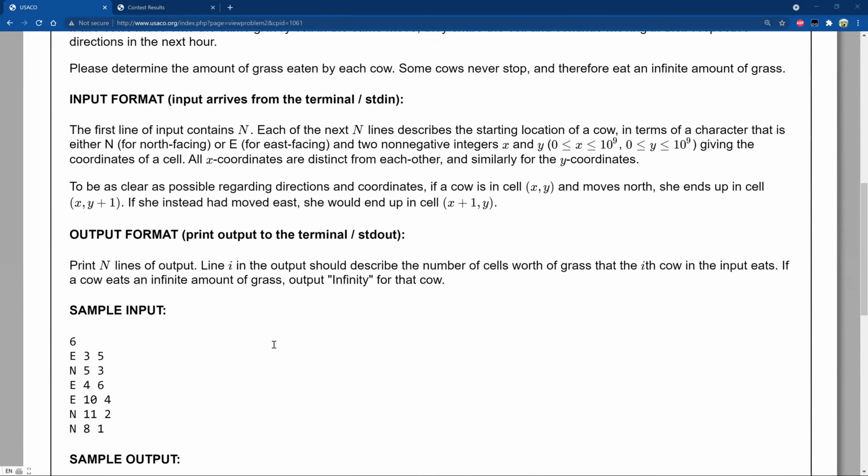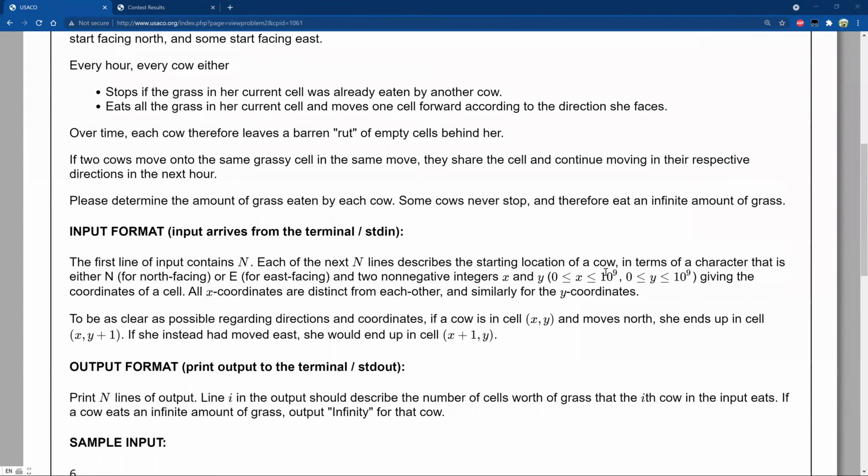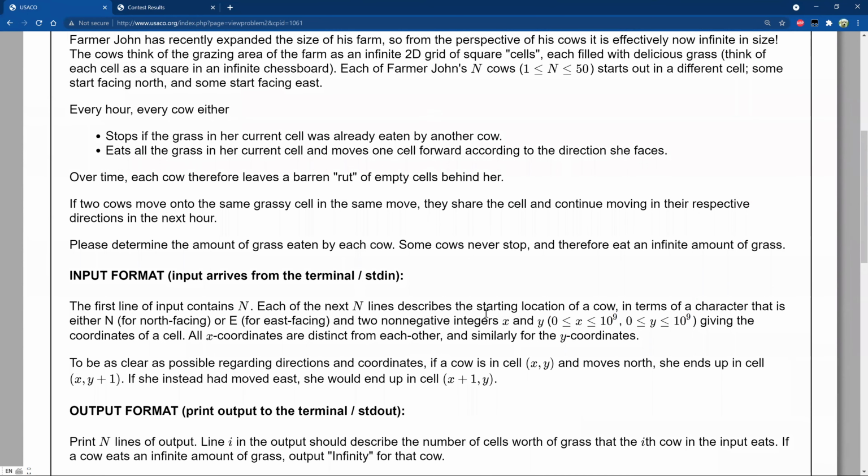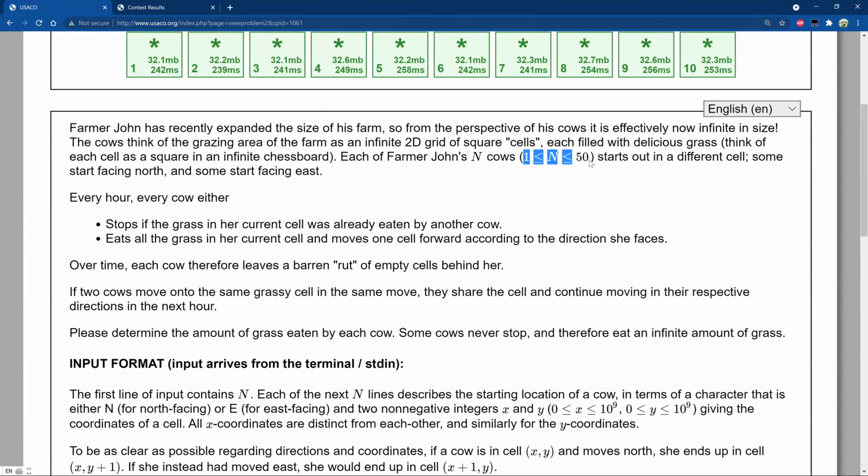I think the main reason is because the numbers are very big, 10 to the 9, and there are 50 cows to simulate. For USACO, the number of operations that the grading server can handle is on the order of 10 to the 8th.